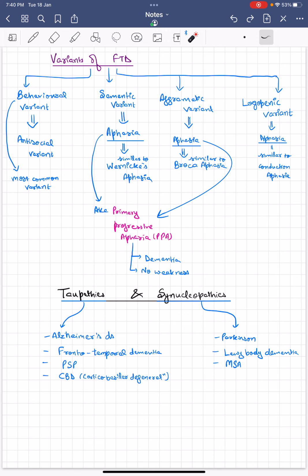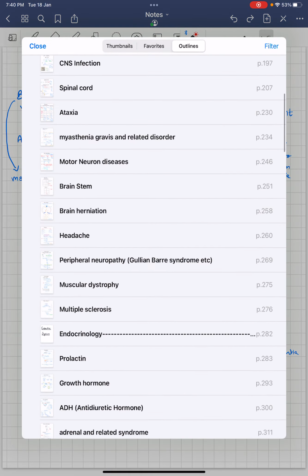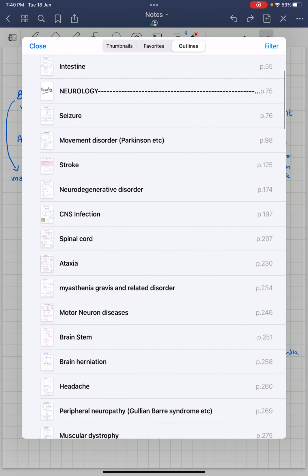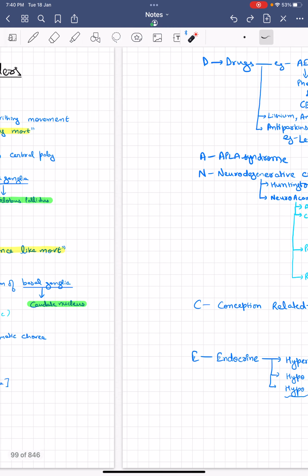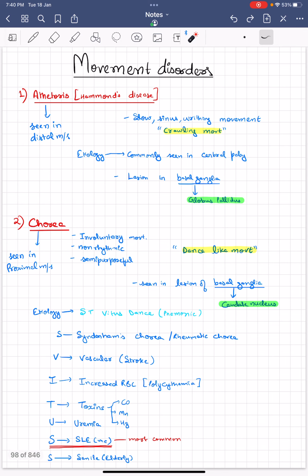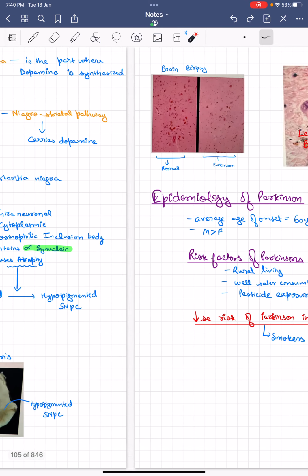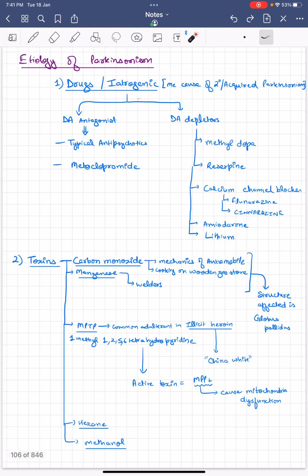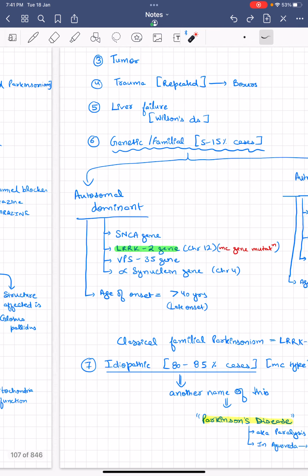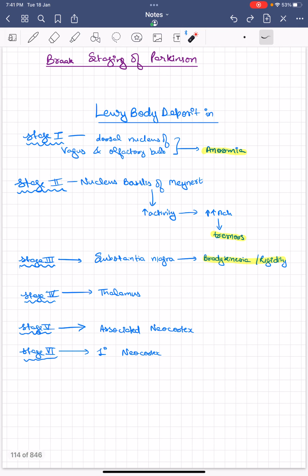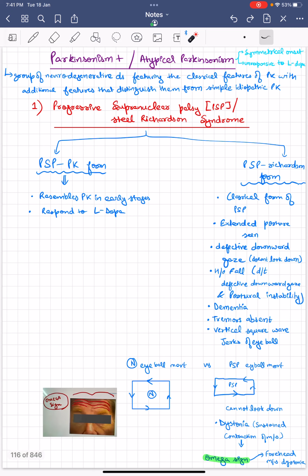It was progressive supranuclear palsy, or Steele-Richardson syndrome.